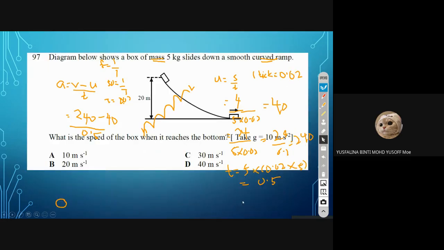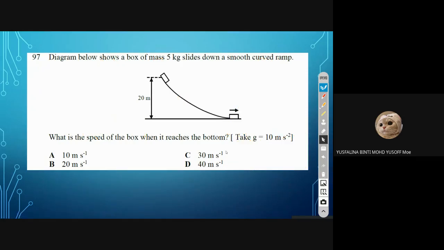Okay, next question. The diagram below shows a box of mass 5 kg sliding down a smooth curved ramp. What is the speed of the box when it reaches the bottom? For this one, we use the principle of conservation of energy. We start from here with gravitational potential energy.